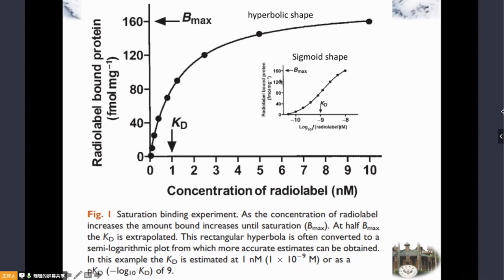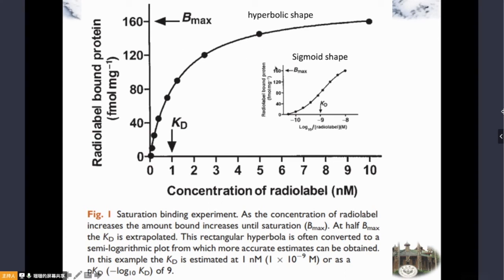From this curve, you can see if we plot the curve on a graded scale, the curve shape is hyperbolic. If we plot it with a log concentration, this curve transforms to a sigmoid shape. In the sigmoid shape, the middle portion of the curve is nearly linear, which is easier for the calculation.